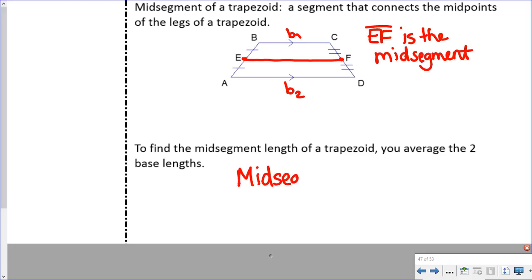Now, it's not a technical formula, it's just doing what it's saying. To find the mid-segment, that's going to equal adding the two bases. Remember, average, you divide by how many there are. So to find the mid-segment length, I take two bases and add them together and cut it in half. So that's averaging it. Okay. All right, if you need to pause before we move on, then go ahead and do it.